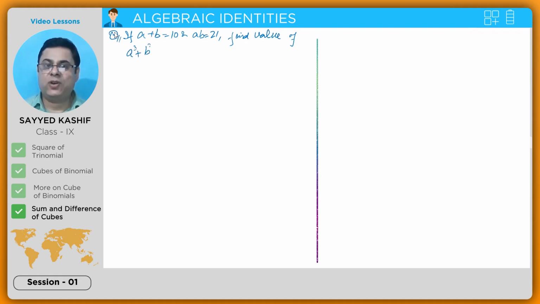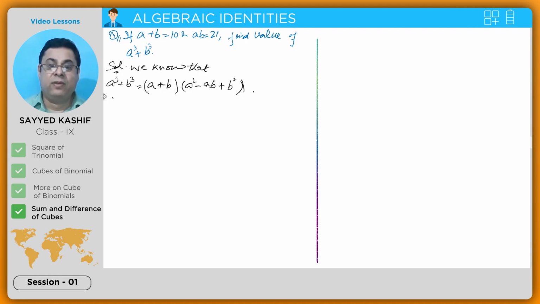If a plus b is equal to 10 and ab is equal to 21, find the value of a cube plus b cube. We know that a cube plus b cube equals (a plus b) into (a square minus ab plus b square). We add and subtract 2ab on the right hand side.